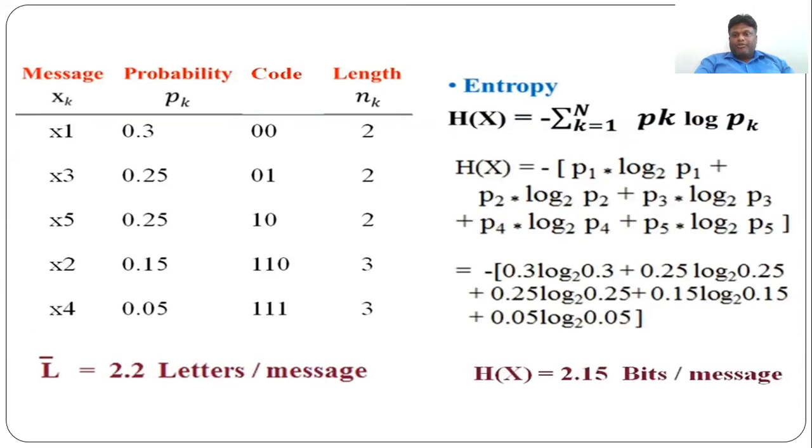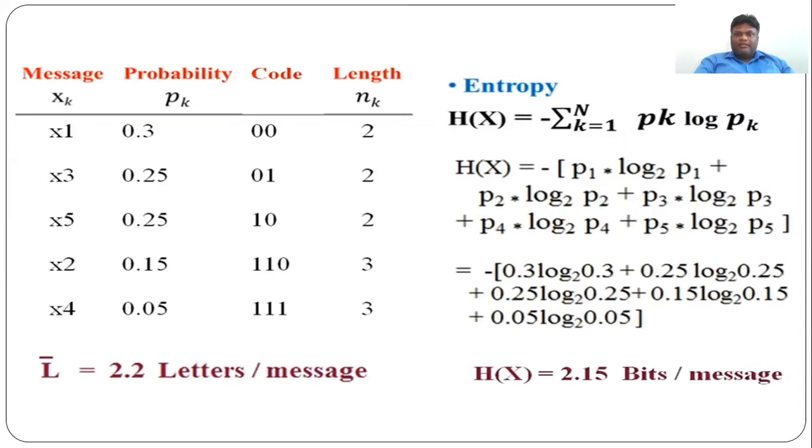So the next is entropy, which is denoted as H of x. So it is minus summation k is equal to 1 to n pk log base 2 of pk. Okay, so you already know that pk is nothing but the probability. Okay, so you just multiply pk into log base 2 of pk. Okay.